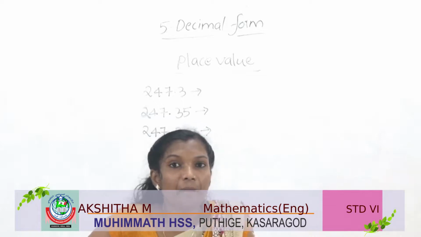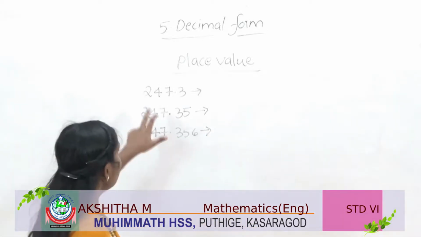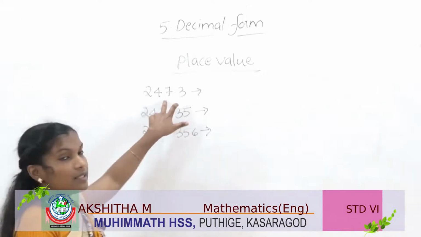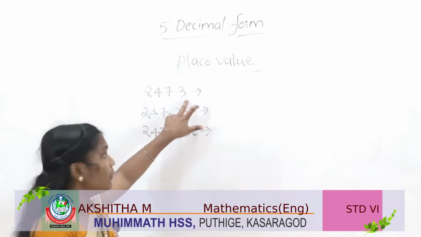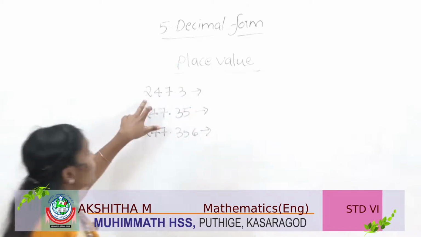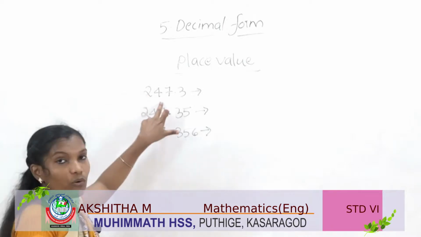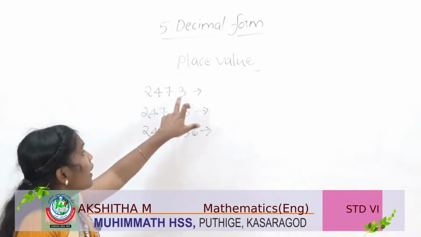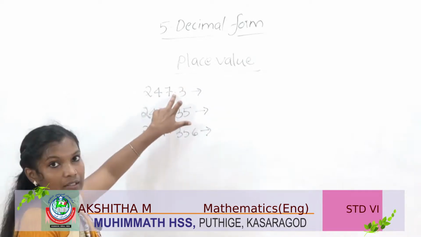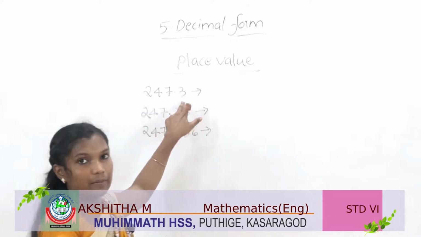Let us know the place value of decimal numbers. Look here. You can see 247.3. So what is the place value of 2? 2 is in the place of hundreds, 4 is in the place of tens, 7 is in the place of ones. And after the dot, the next number's place value is 1 by 10.